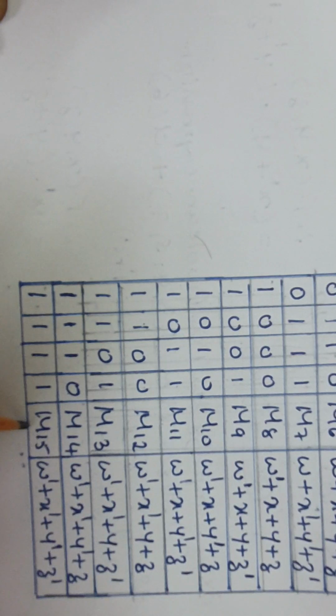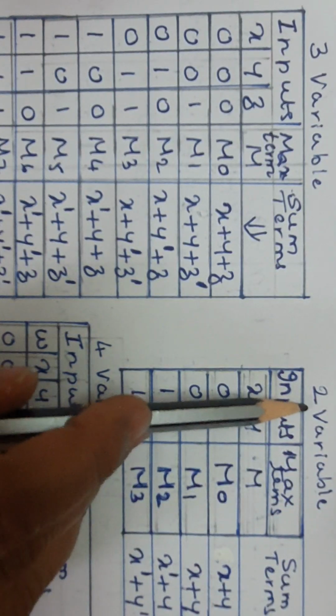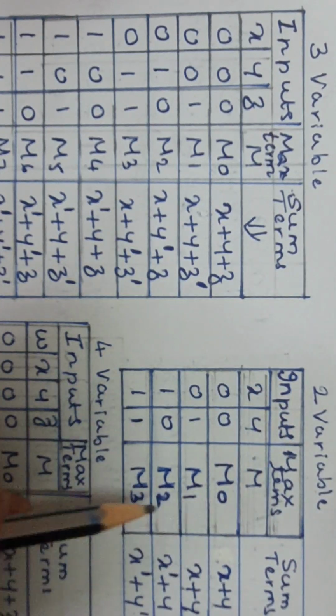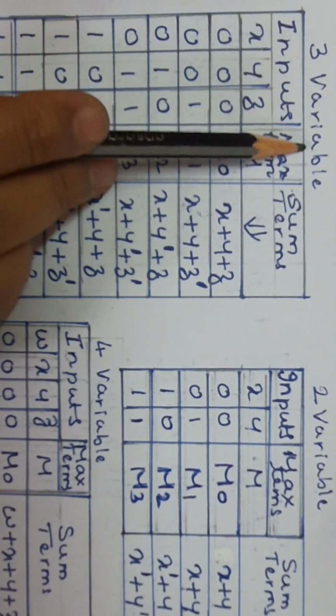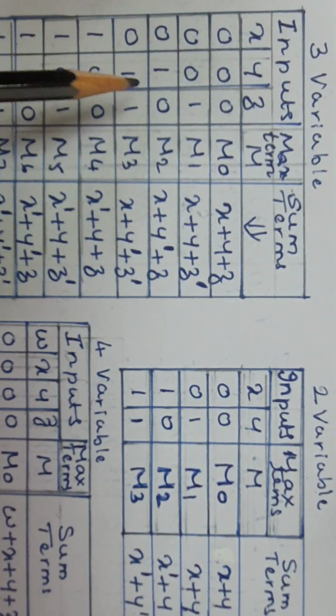So hence here max terms vary from m0 to m15. Totally there are 16 max terms in a 4 variable system. In a 2 variable system, 2 raised to 2, 4 max terms will be there, m0 to m3. In a 3 variable system, 2 raised to 3, 8 max terms will be there, capital letter m0 to m7.